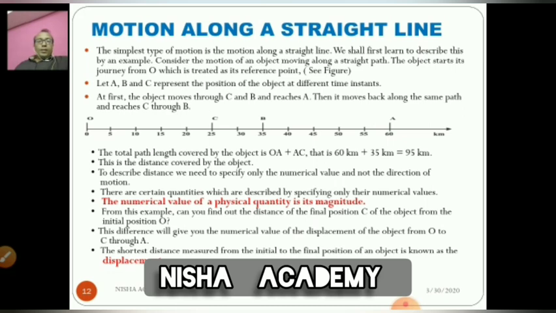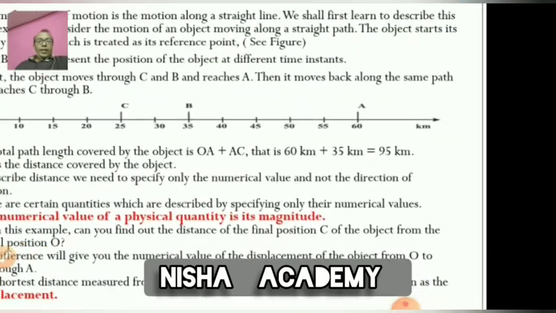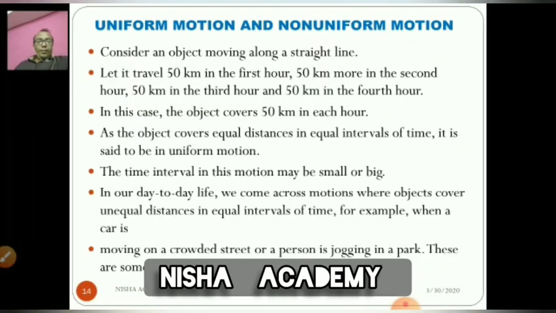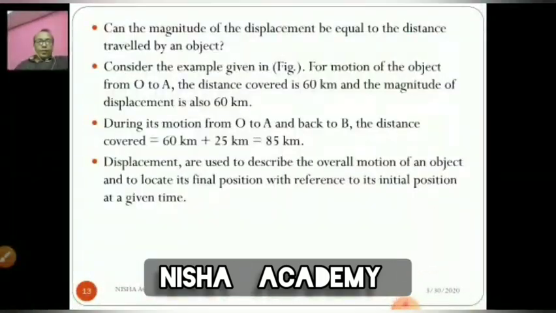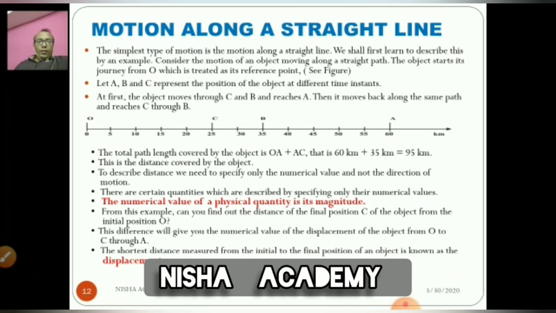To describe the distance, we need to specify only the numerical value, not the direction of the motion. There are certain quantities which are described by specifying only their numerical value, and this numerical value of a physical quantity is its magnitude.